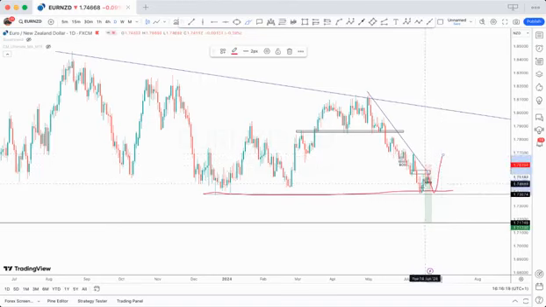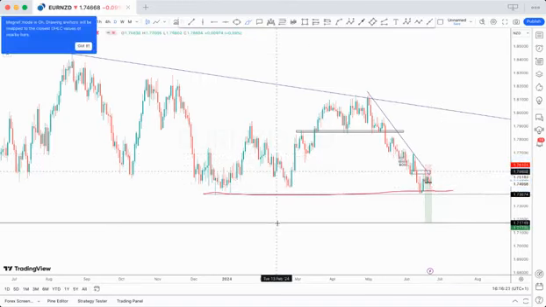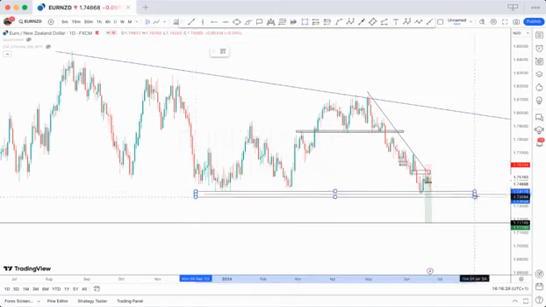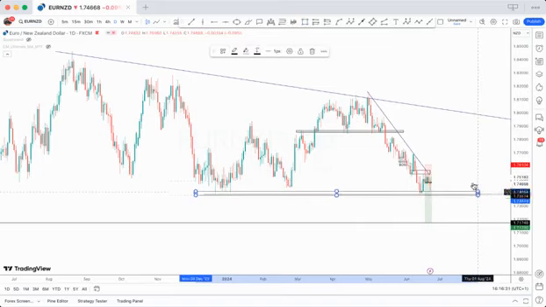So once I see how the price action reacts on this particular support level, and I see that the sellers are finding difficulty breaking through the support level, then of course that can make me change the course of my directional bias.